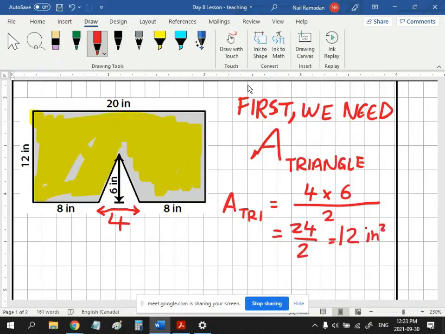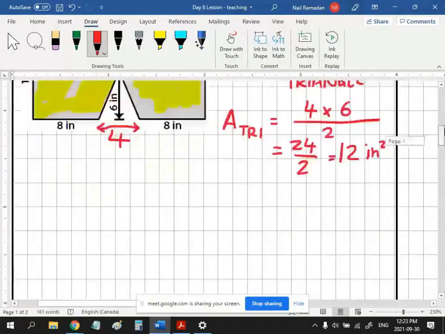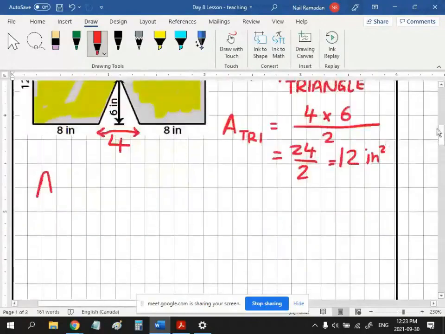Okay. What is the big shape originally? What shape? It's a rectangle. What's the area of any rectangle? Length times width. Some people like to say base times height. I don't like base and height because I could turn it this way. Let's say length times width. So now area of the rectangle, well, that's an easy one, equals.